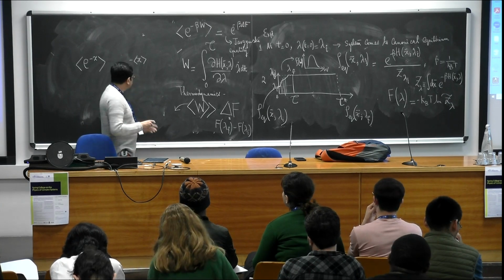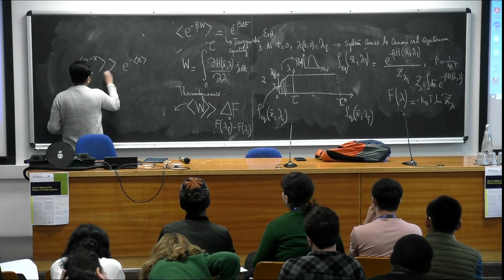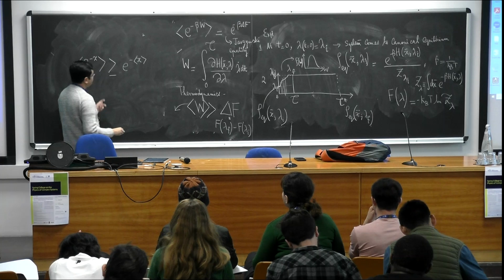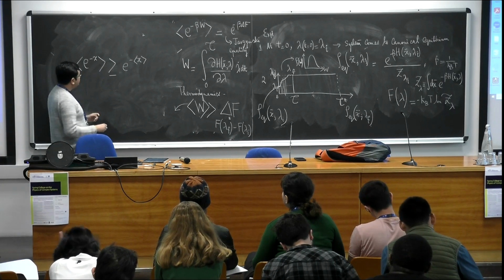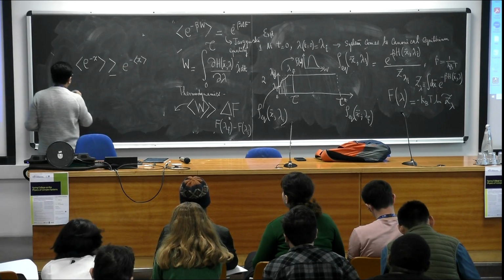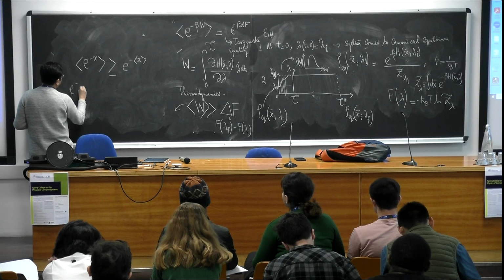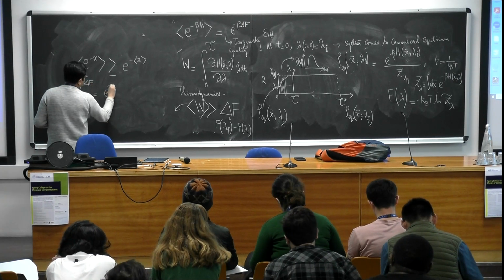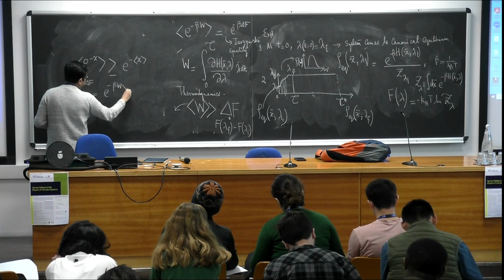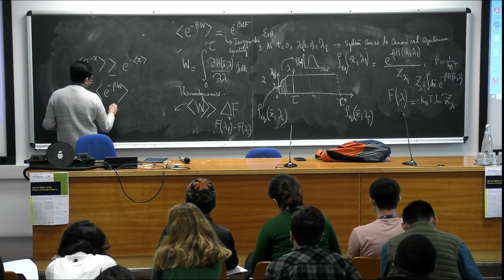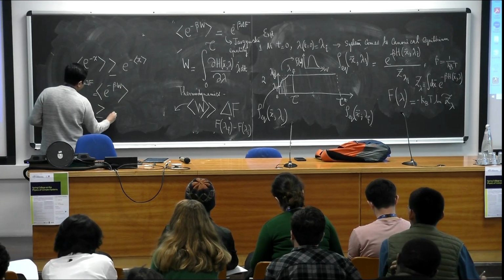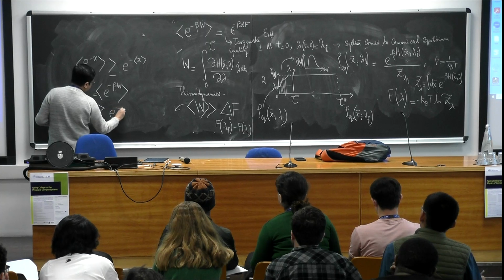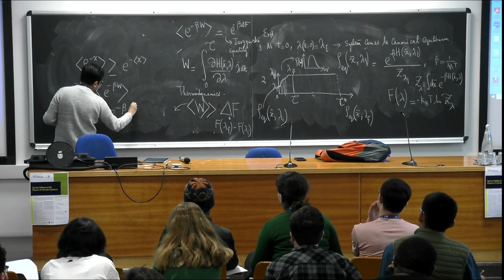Yeah. So this one is definitely larger than or equal to this, right? So therefore I just apply it there. What I get is e to the minus beta delta F is equal to e to the power minus beta W average. But this one is larger than or equal to e to the power minus beta W average.